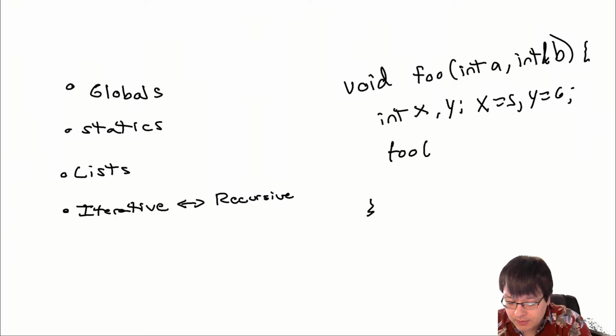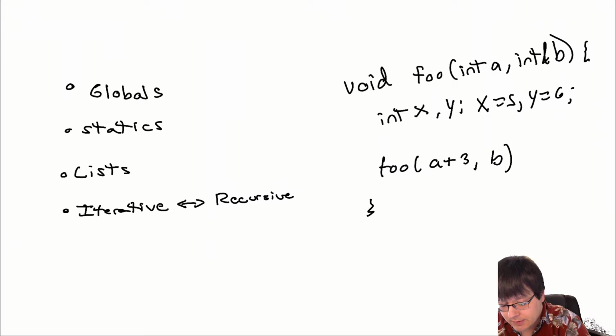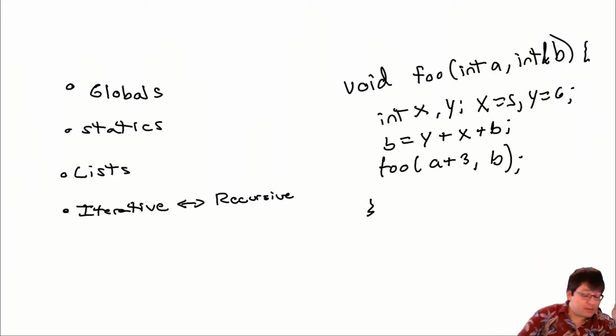And so now whenever we call foo again, foo is going to get called on a plus 3, and then maybe on b, and maybe one more line of code here. Let's say b gets y plus x plus b. Okay? This is kind of coming up as I go with it, but there's something that I want to point out about it.